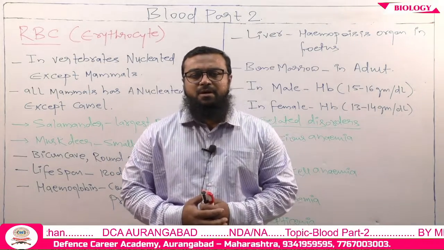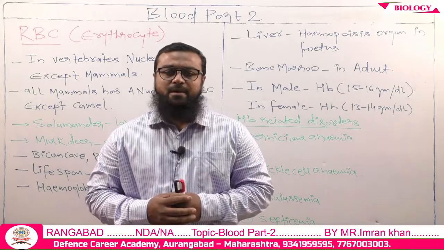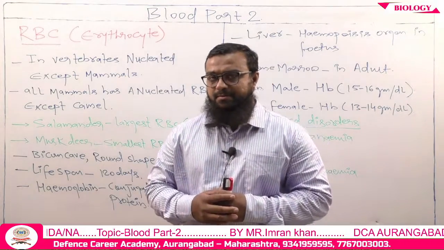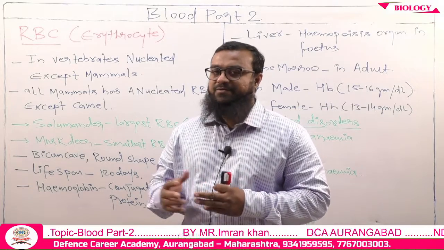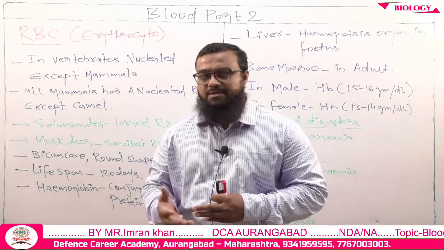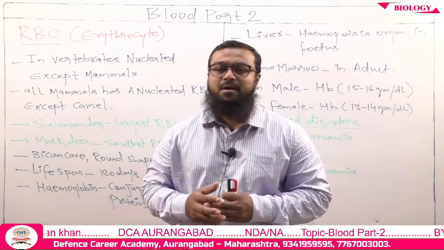Now, here with the blood topic part 2, we'll see blood corpuscles, blood cells. First, we have seen in the last video plasma, which is about 55% of total blood.